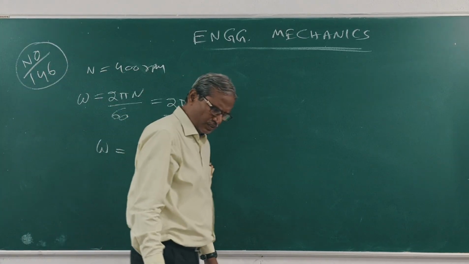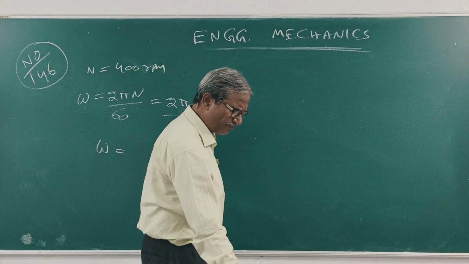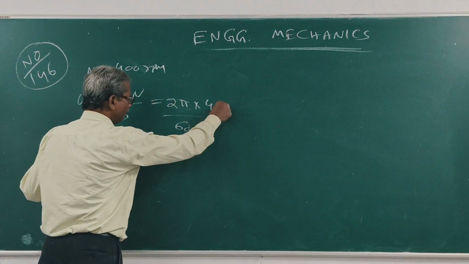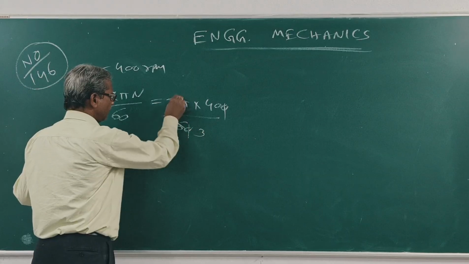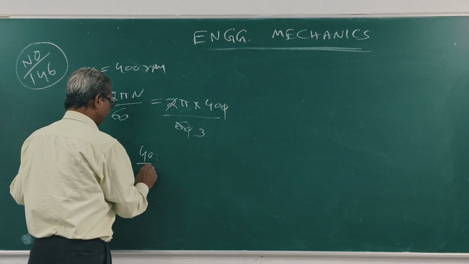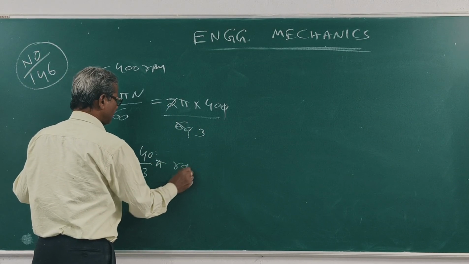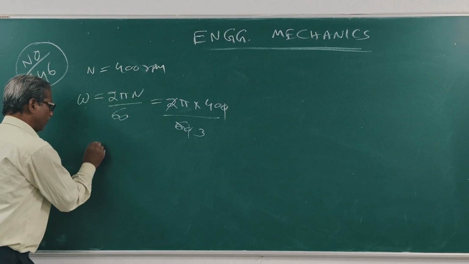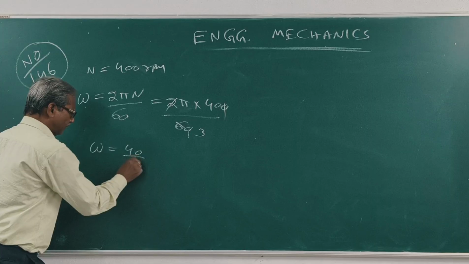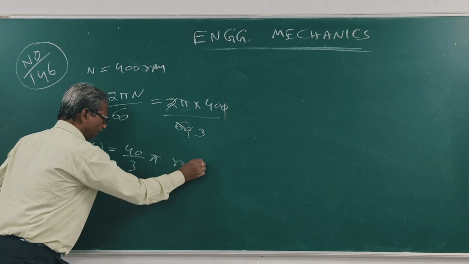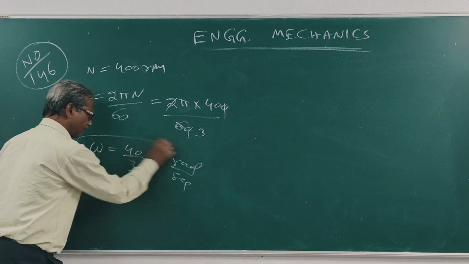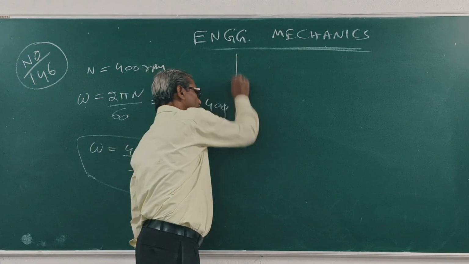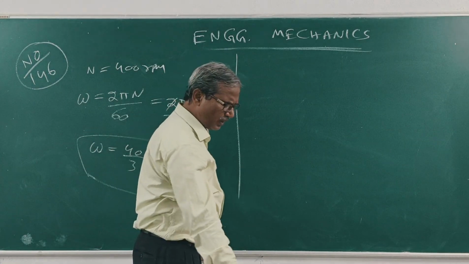This is equal to 40 by 3 pi radian per second. So omega is equal to 40 by 3 pi radian per second.